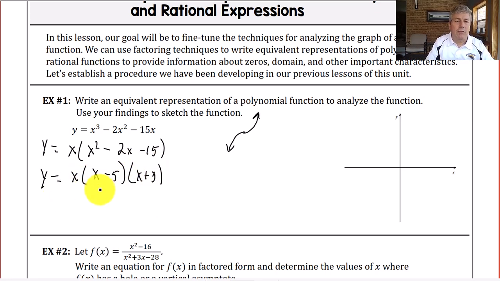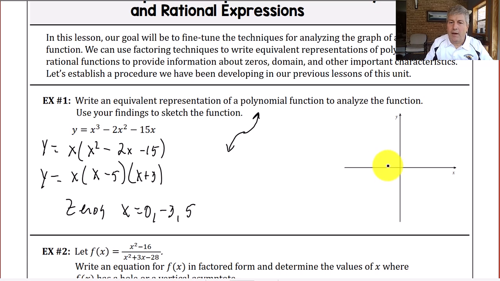And that's going to tell us where our zeros are. We're going to have zeros at x equals 0, at negative 3, and at positive 5. So let's go ahead and plot those guys. Zeros at negative 3, at 0, and 1, 2, 3, 4, and 5.